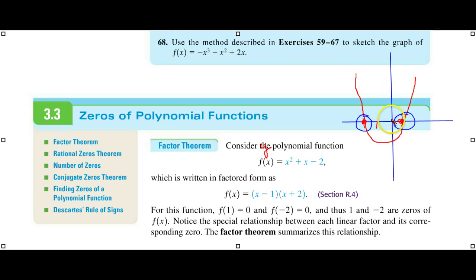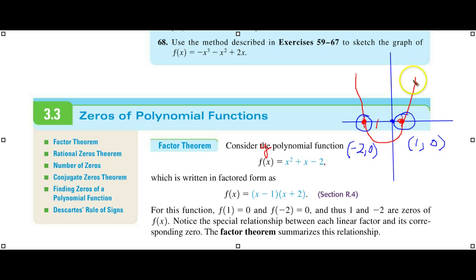Well, on the y-axis, our value of y here is 0. The origin is 0, 0. So the ordered pair of this particular point would be -2, 0, and this ordered pair would be 1, 0.